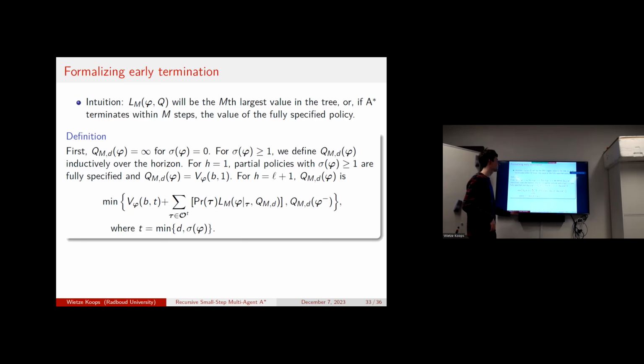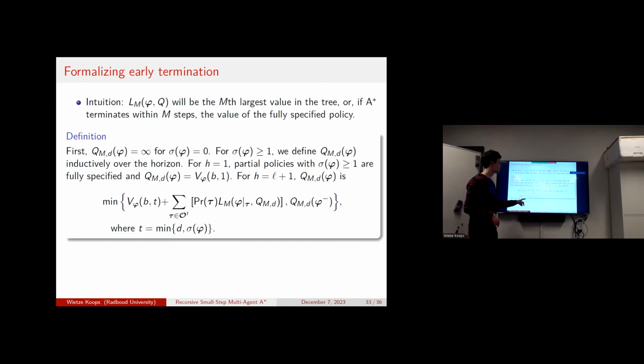There are some boundary cases, but the main thing is that we're defining the Q-MDP recursively, and in a sense it's a very similar formula to what we saw before. So we have this fix to make sure that it's actually decreasing when you make the policy larger, and then this is again this expansion over all length observation histories, except that maybe we need to fix this to make it smaller in the stage.